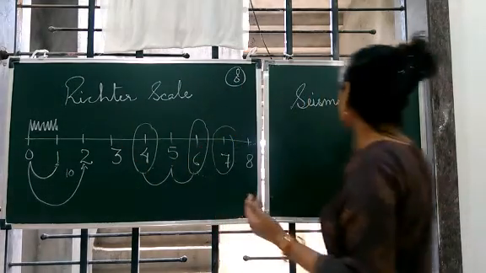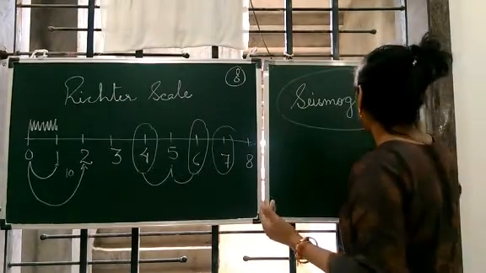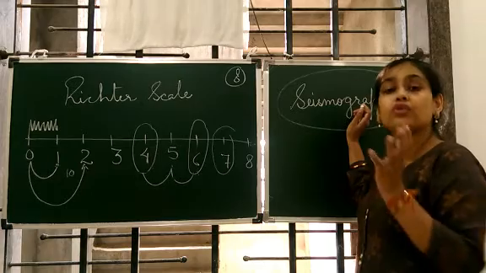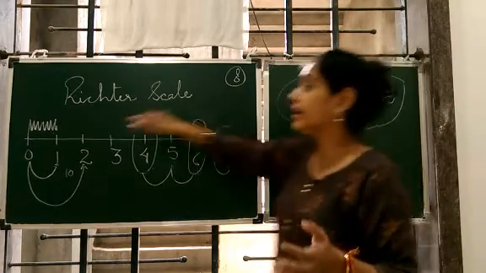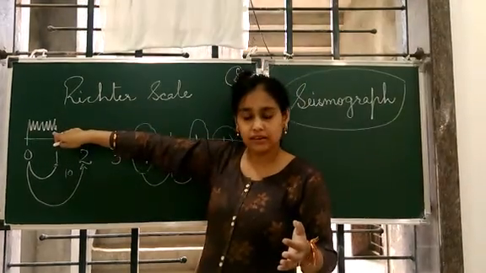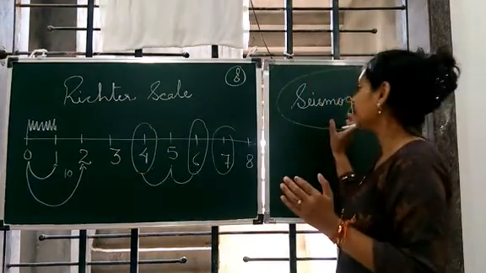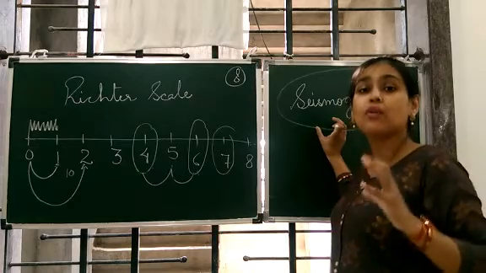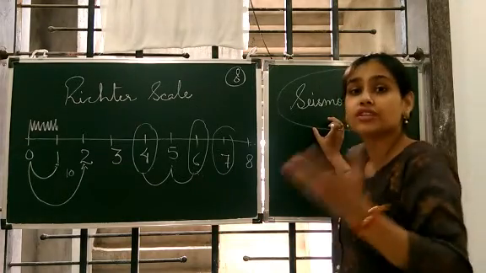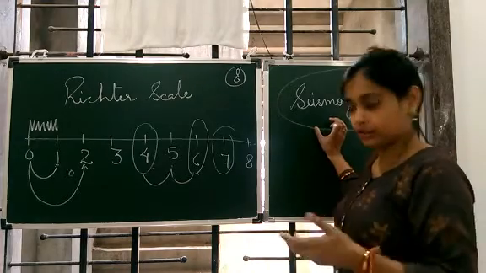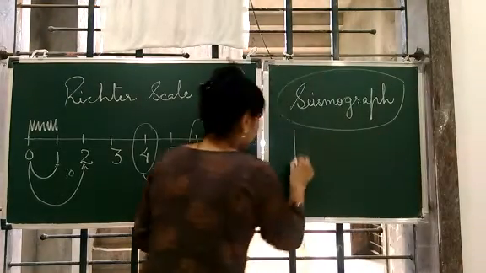Okay. Now let's discuss what a seismograph is. Seismograph is actually used to get the reading of the earthquake. The scientists can get the reading, that means how much destruction or how much was the magnitude of a particular earthquake. Now how is it?